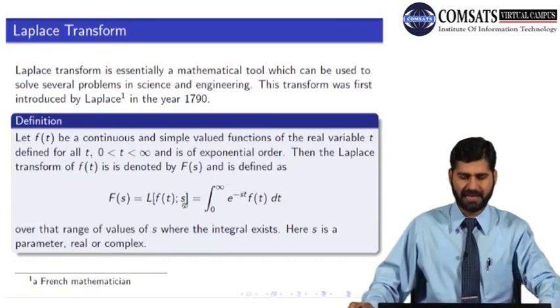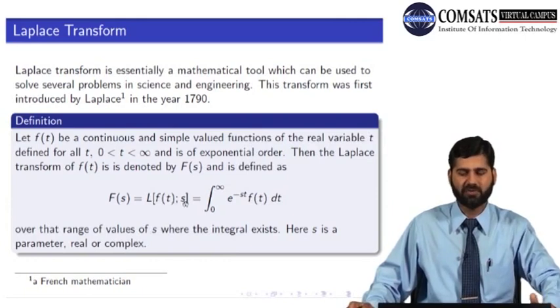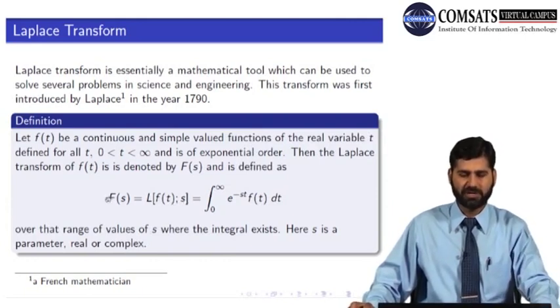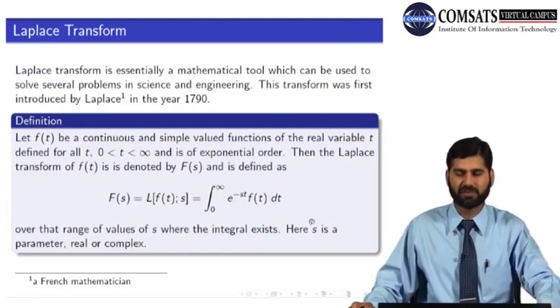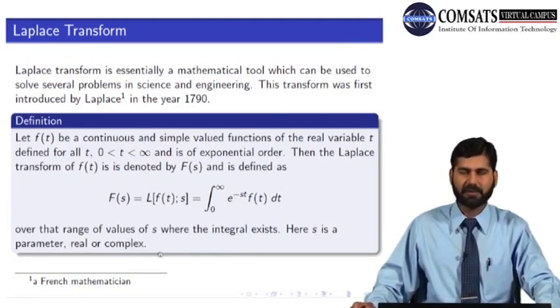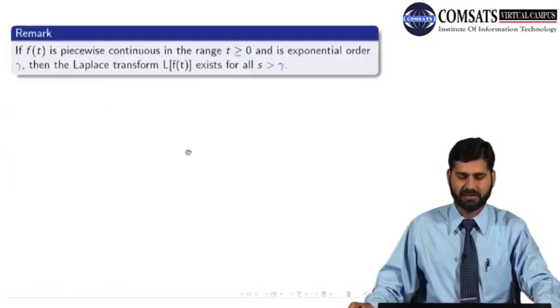So this notation L{f(t)}(s) means you have transformed a function of t to a function of s, and we denote it by capital F as well. Now over the range of the values of s where the integral exists, for whatever s this integral exists, that will be the domain of our new function. Here s is a parameter, real or complex, it can be anything.